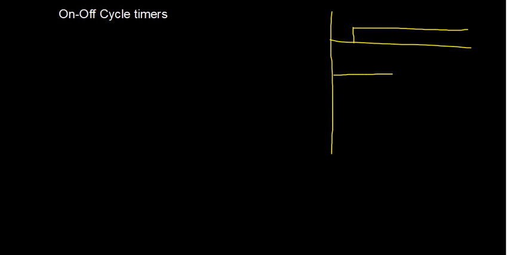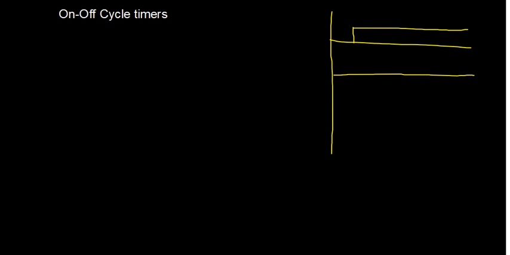Let us say I have an input signal somewhere starting like this. So this is my input signal, and you have two timers. You make use of two timers here.